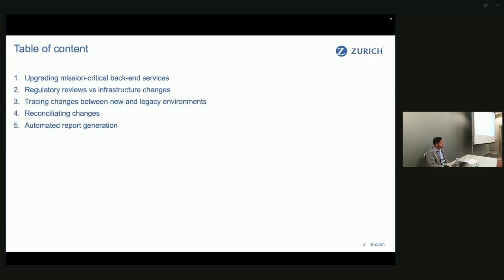This is the content of today. I try to find the fanciest subtitles for each slide, but I don't know if I managed to do it. I'm basically going to show you what is the problem first in a simple overview, and then it's important for me to share with you how is the environment. In the beginning, some of us were sharing our backgrounds.